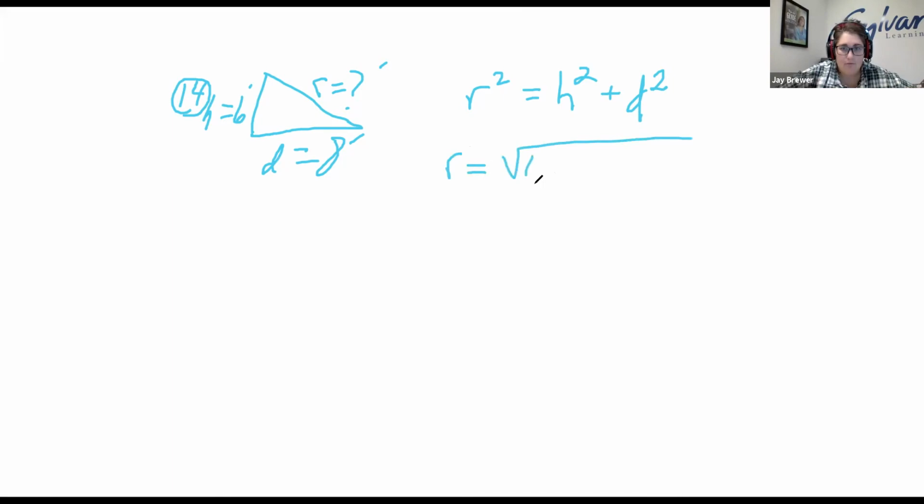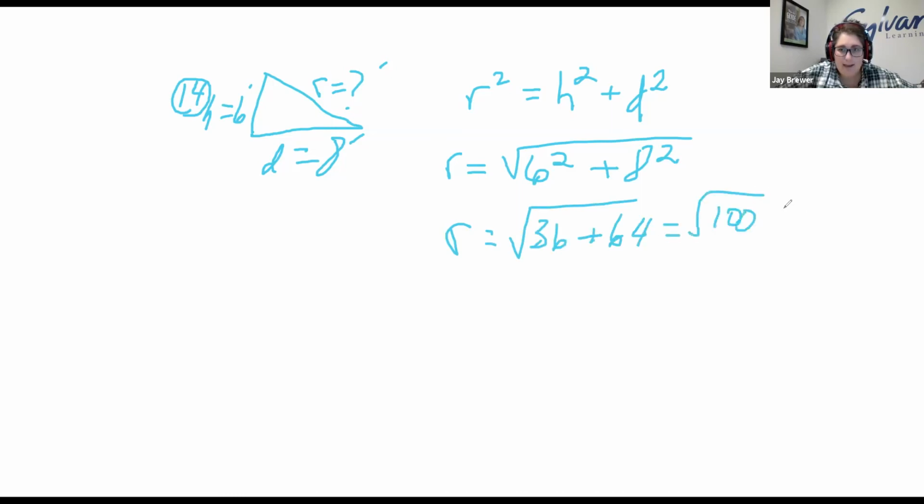So h is 6, d is 8, and we're going to take the square root so that we can get the result. 36 plus 64 will give us the square root of 100. Technically, that is plus or minus, but we are talking about a distance, so we're going to use the positive. So r equals positive 10 feet.